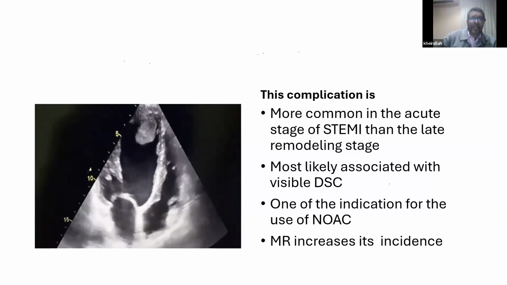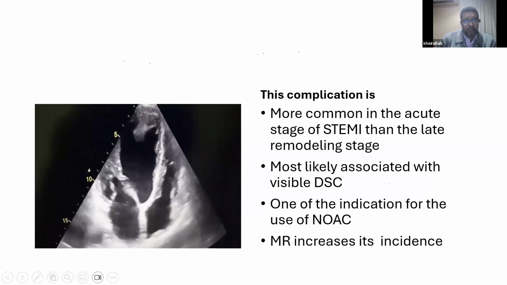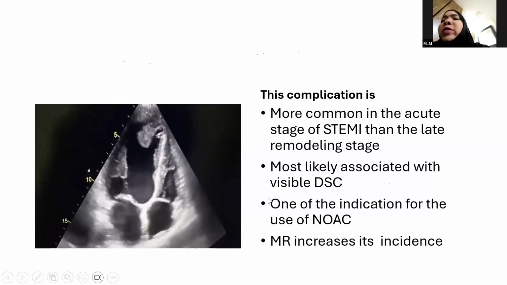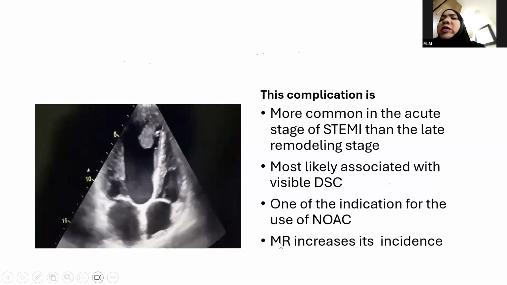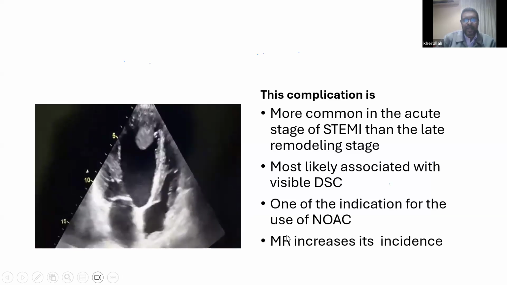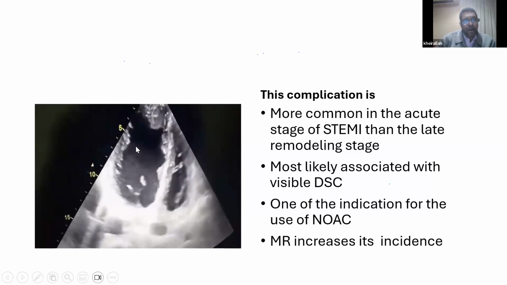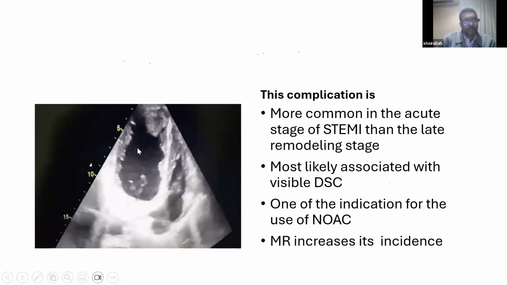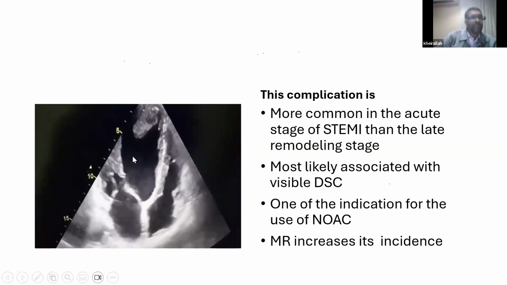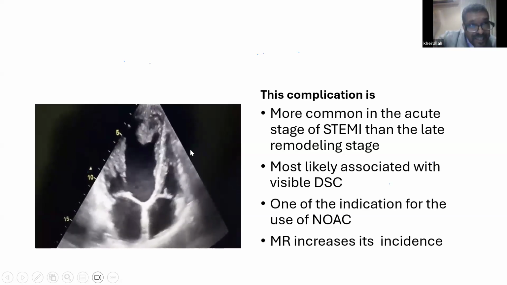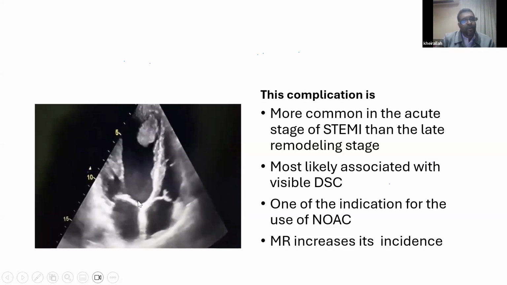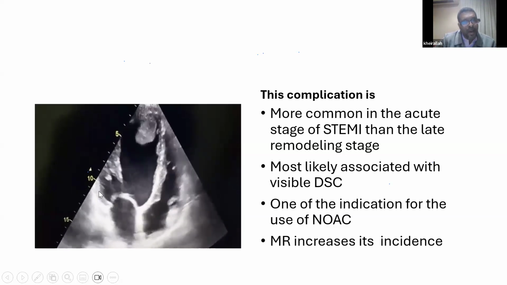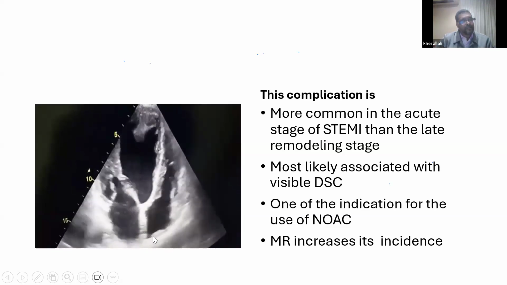Okay, here the dense spontaneous contrast, and I think it's associated with the severe mitral MR. Okay, let's start with the MR. If we have MR coming and going into the LV, coming and going out of the LV, in fact, it decreases its incidence, because the MR kind of washes out the stasis.